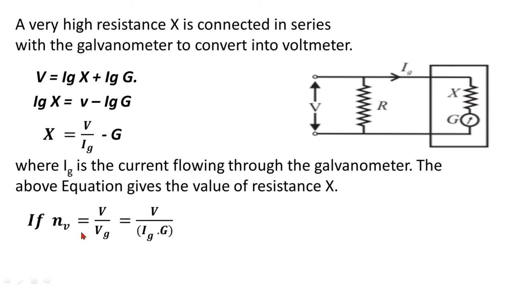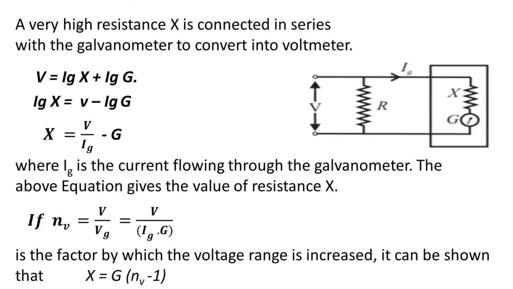If Nv = V / Vg = V / (Ig G) is the factor by which the voltage range is increased, it can be shown that X = G (Nv − 1).